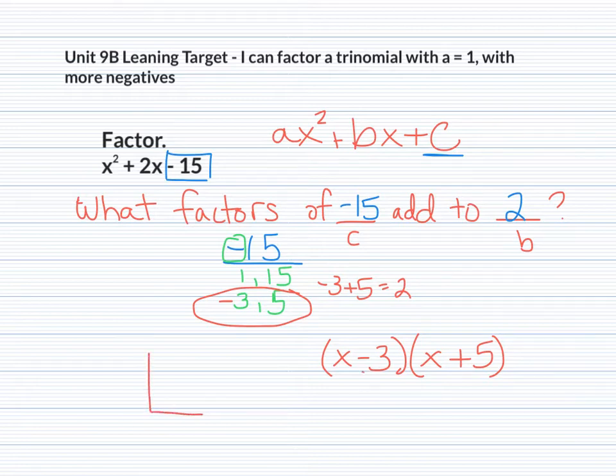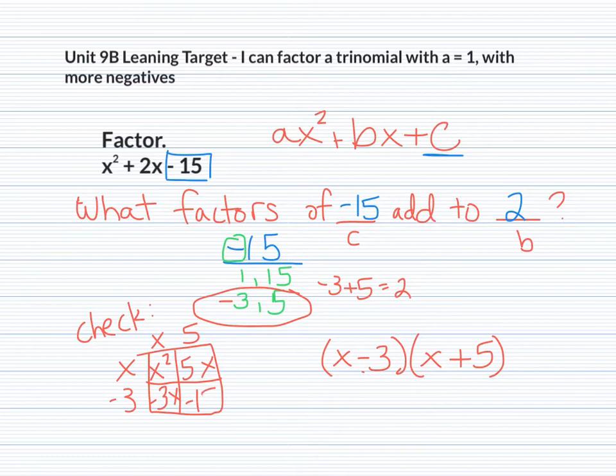As we check our answer, we have x minus 3 times x plus 5, so we have x squared, 5x, negative 3x, and negative 15. Negative 3x and 5x add up to 2x, so we know that's our final answer.